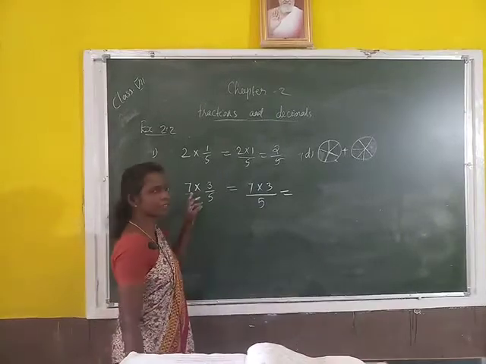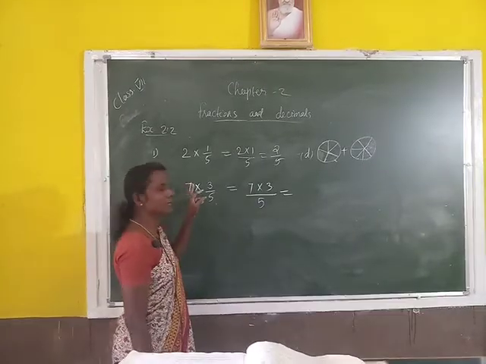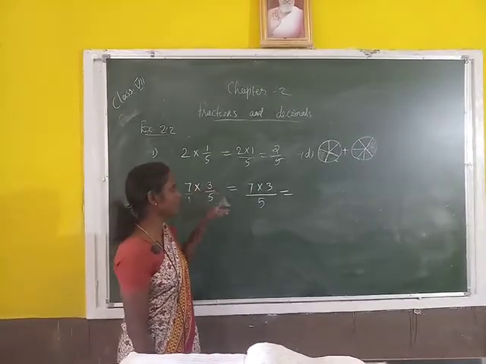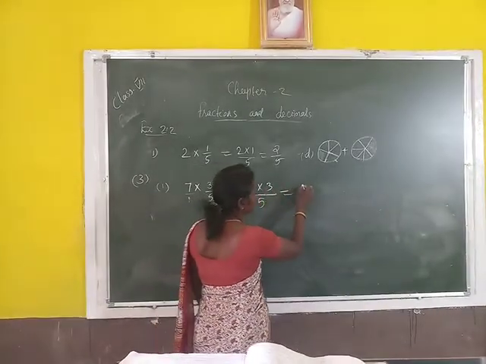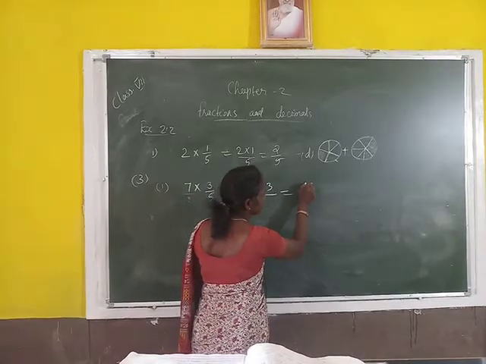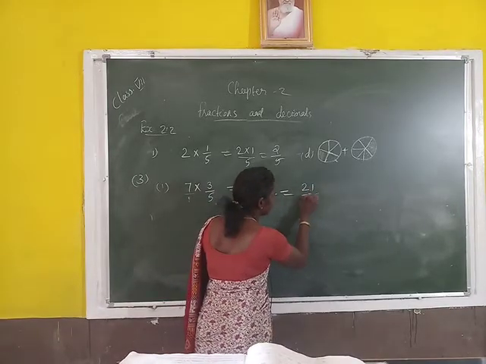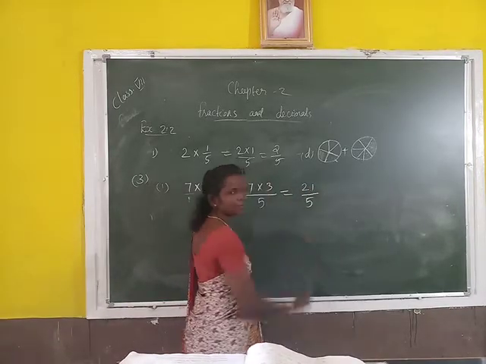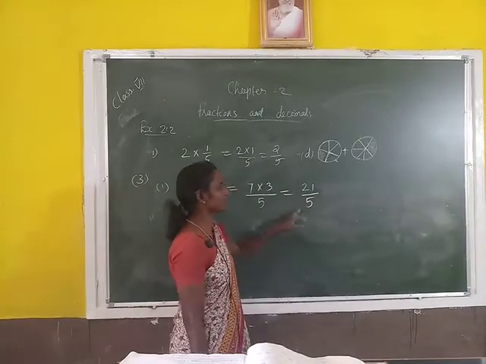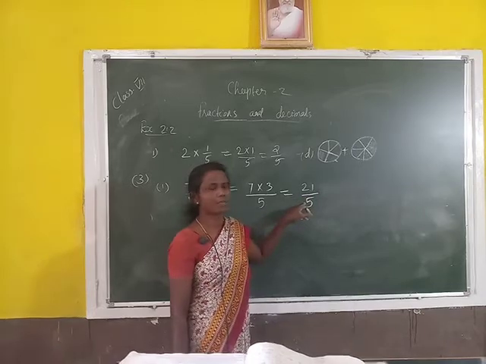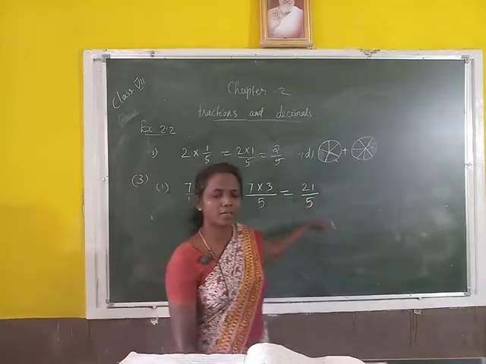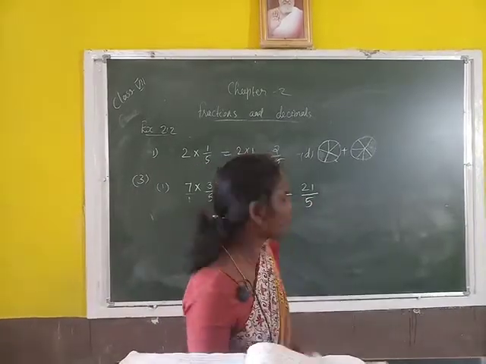So here denominator multiply denominator and numerator multiply numerator. Here look, 7 multiply 3. What is the answer? 7 threes are 21. Then by 5. We can write it as 21 by 5. Can you write it in lowest form?